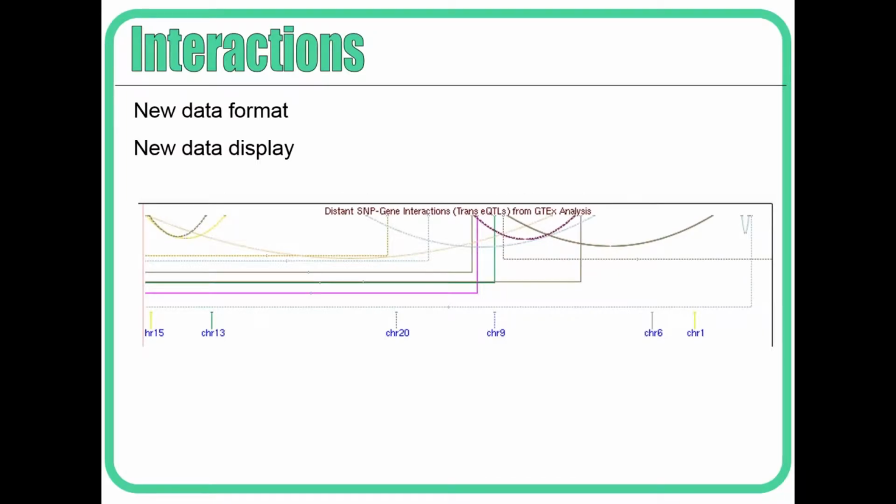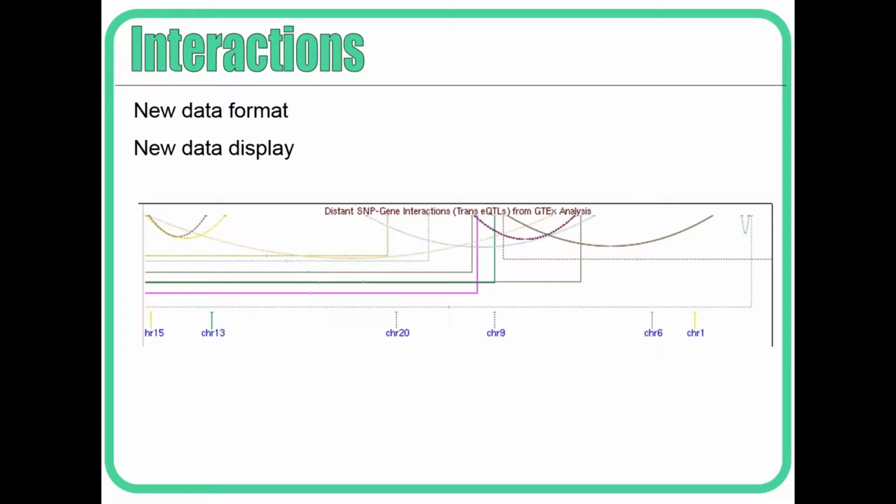And speaking of new display modes, we have a new feature that allows you to load a file of your own that shows DNA interactions of one location to another. There could be an enhancer that you believe regulates the transcription from a nearby gene, so you could put an arc there to represent that.